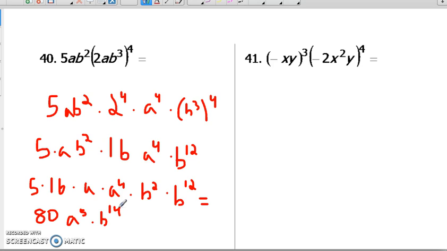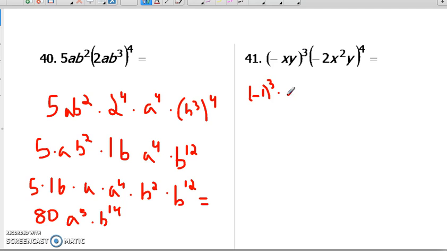All right. So now here's a fun one. I got this negative xy in parentheses raised to the third power, and then multiplied by a negative 2x squared times y raised to the fourth power. Okay. So let's go back and remember what I said yesterday. I don't want negative variables. That makes life a lot more complicated. So we want to take this negative right here and think of it as a -1. So this -1 is being raised to the third power, because I'm doing my product of a power rule.